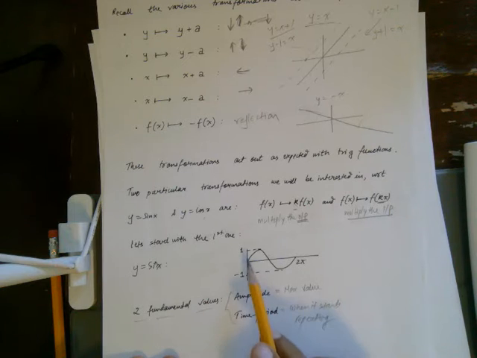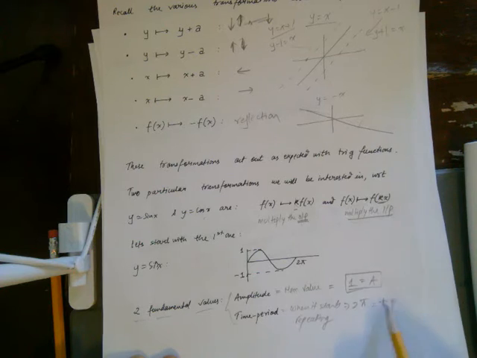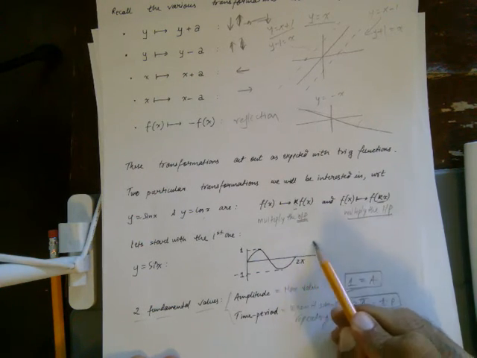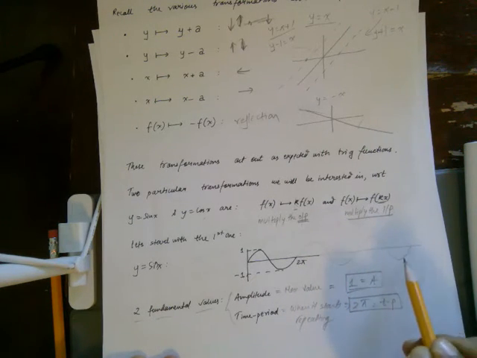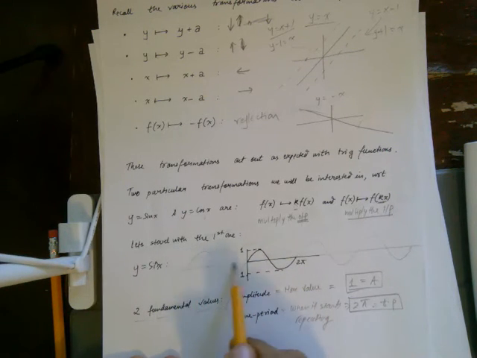So here the max value is 1, so amplitude is 1. We use A to denote amplitude, and the time period is 2 pi. Let's just call it time period, because after 2 pi this graph is going to repeat. So that's what the sine function is going to look like. It repeats both in the positive and in the negative direction.